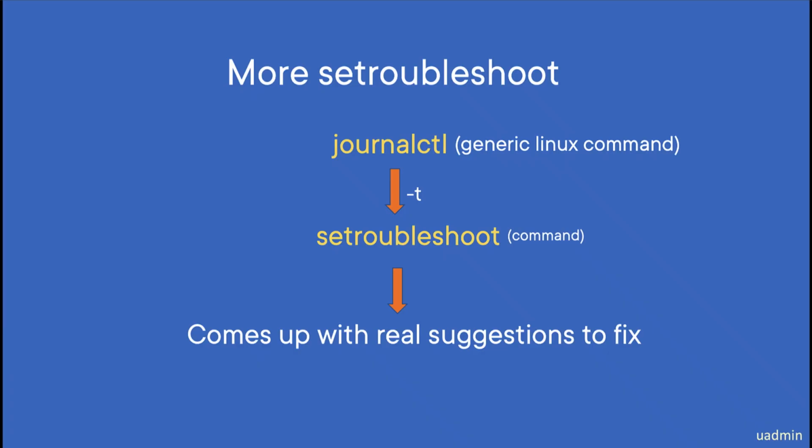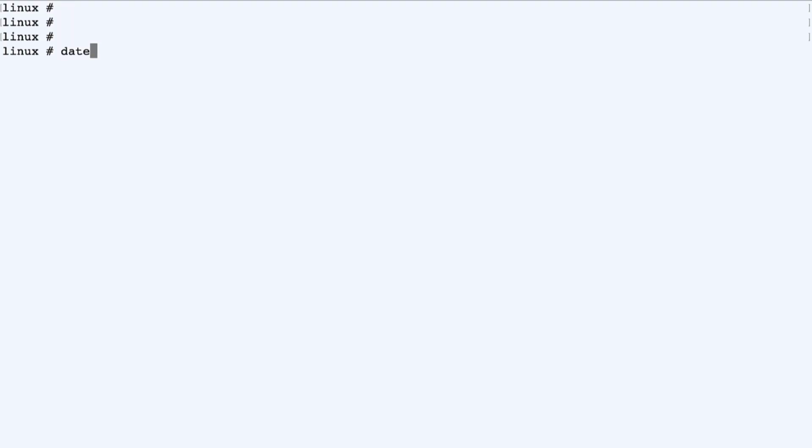And finally, we want to have some real proper troubleshoot advice from journalctl, which is, as you know, a regular Linux command, and which you can use to get information from particular services in our system. And in this case, we want to have the type setroubleshoot. But before we do that, let's check the time, because we don't want to have too much information.